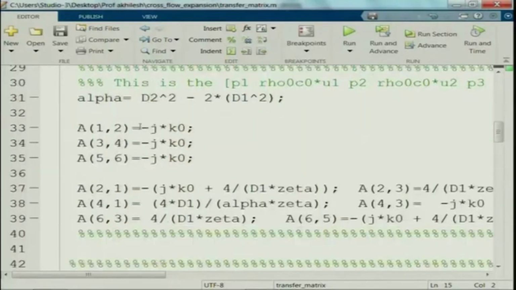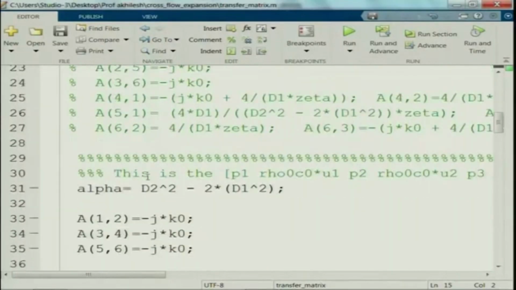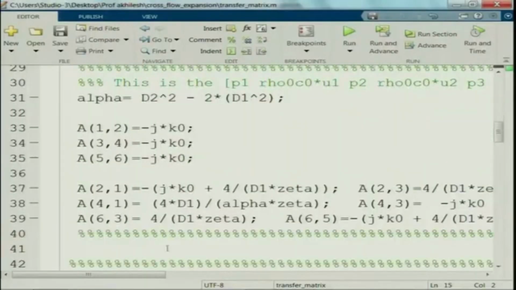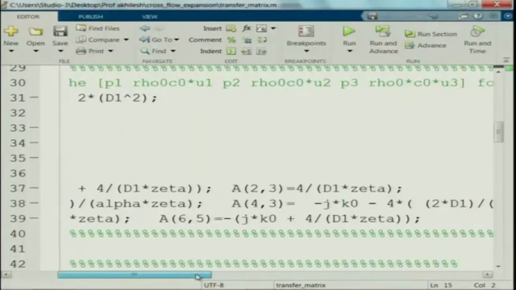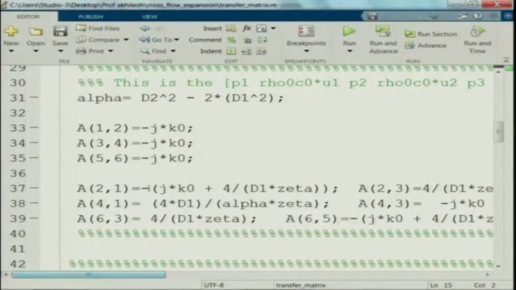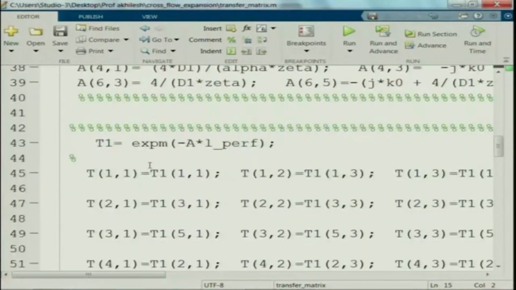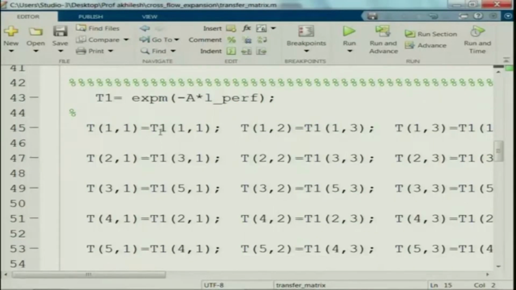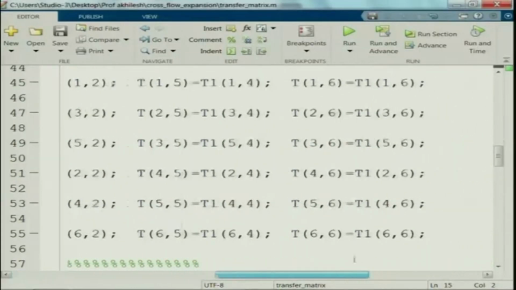However, if you recast the equations in this particular form, P1, rho naught C naught U1, P2, rho naught C naught U2 and so on, we get this sort of thing, and T1 is exponential of A times L perforate. Then we rearrange back by doing this operation.